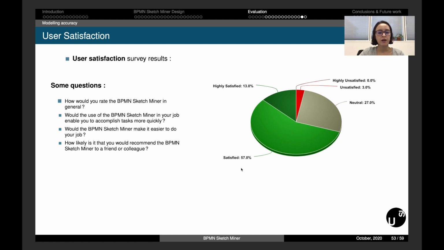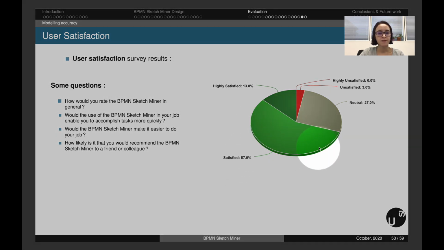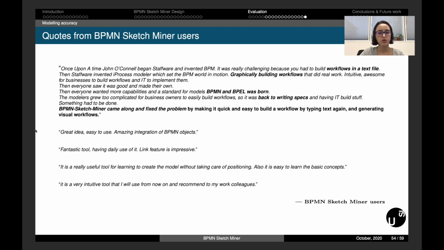We got a satisfaction percentage of 57% out of 30 respondents, and some of the respondents were highly satisfied, 13% of the total. We are also gathering information and feedback on our website, where we got a set of feedback which we appreciate, and it is very helpful for us in order to know whether the BPMN Sketch Miner is reaching the goal for which it was conceived.